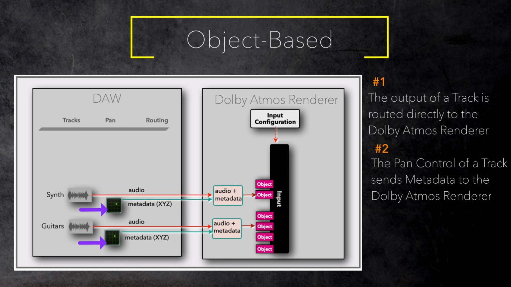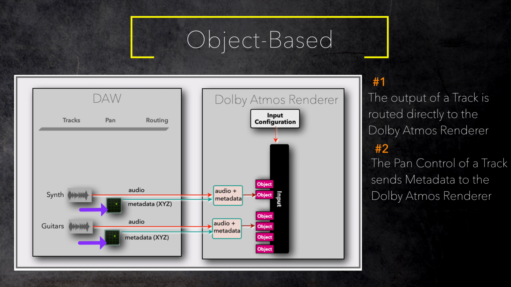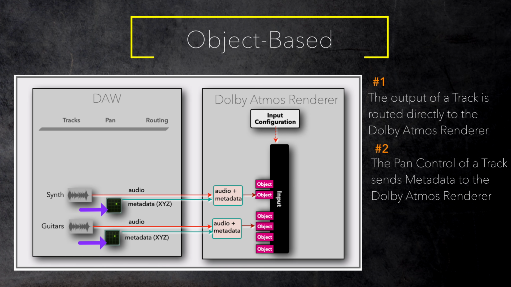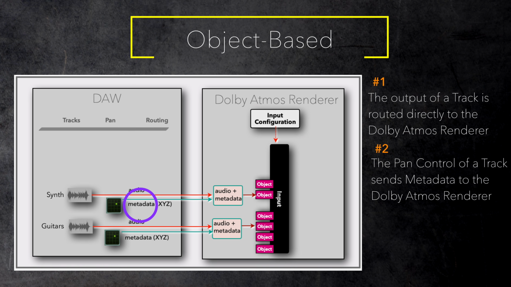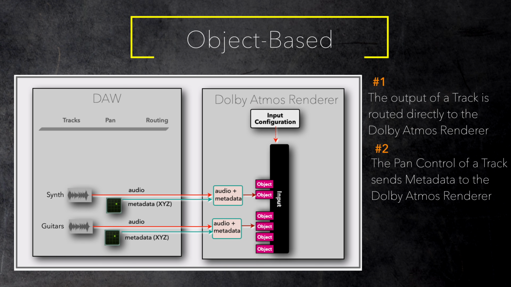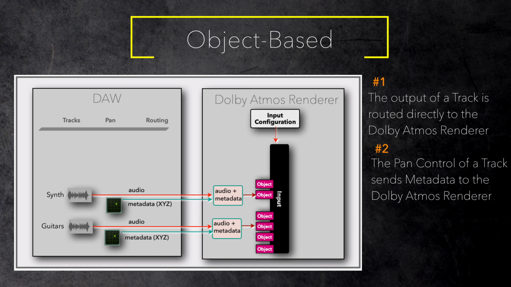But instead of routing the actual audio signal to available output channels, now whatever pan position you set at the pan control, a single position or changing via automation, will generate metadata similar to GPS data that describes the XYZ coordinates of where in the 3D space you position the audio signal on that track.